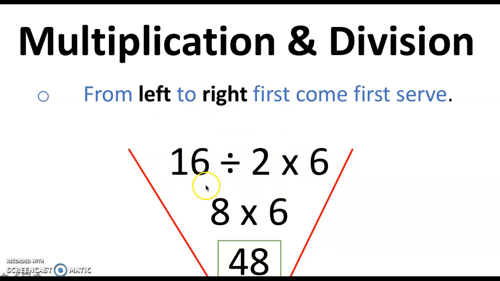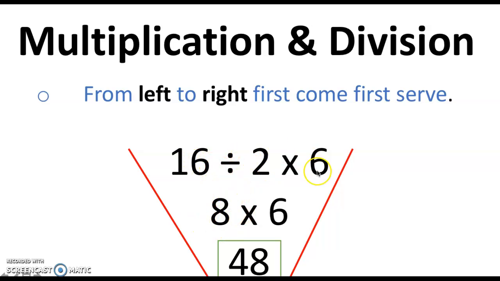So for example, with 16 divided by 2 times 6, we're not going to solve the multiplication part first, just because in PEMDAS the M comes first. We're going to solve it from left to right because division and multiplication are basically equivalent. So we would do 16 divided by 2 first. 16 divided by 2 is 8.